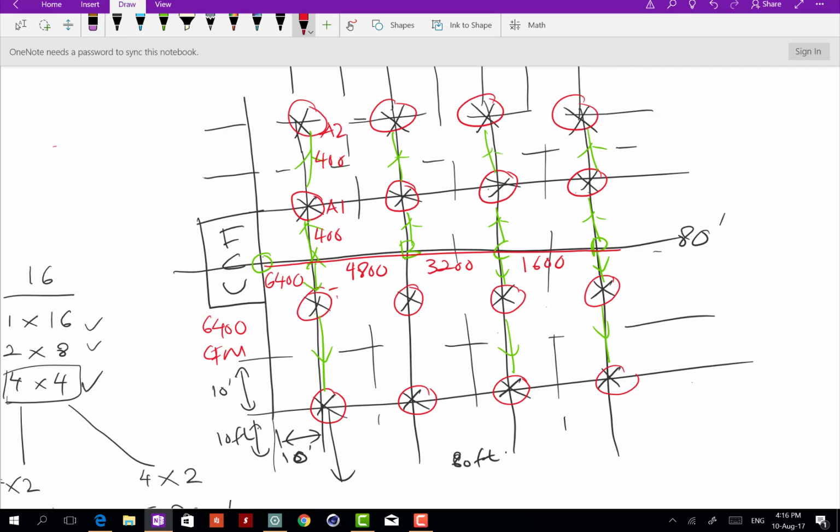So this is A3, this is A4. Name it here B1, B2, B3, B4, C1, C2, C3, C4, D1, D2, D3, D4. That's all about the sections, and then we need to go into the table construction.